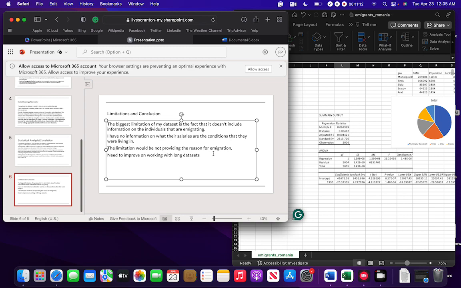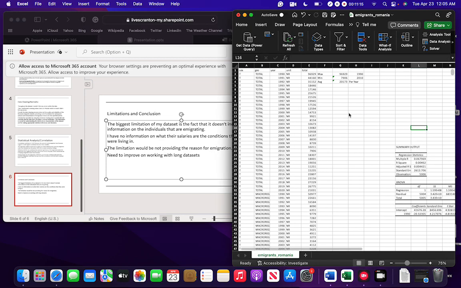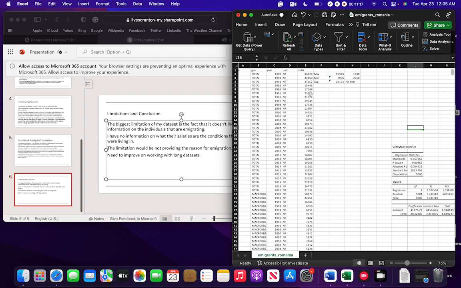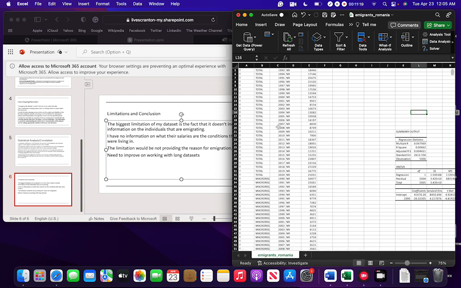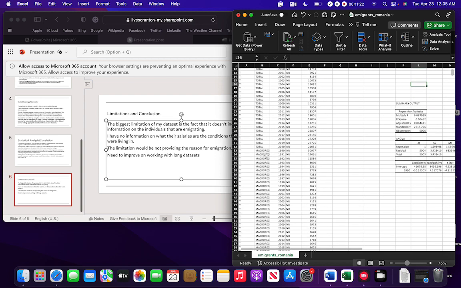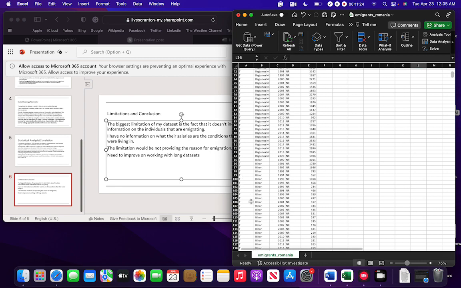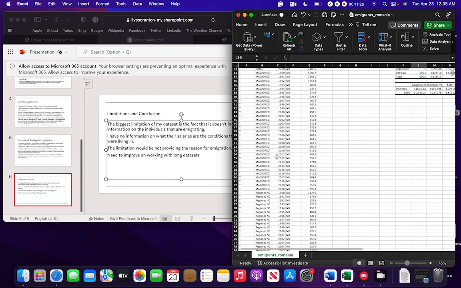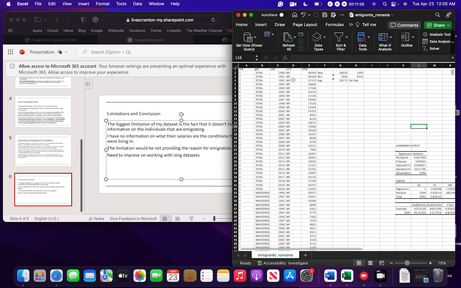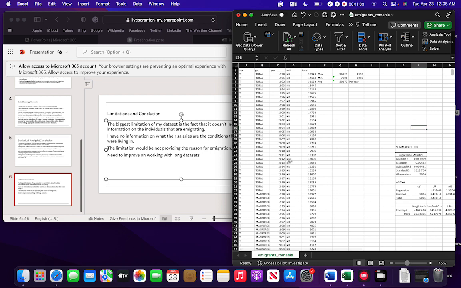For example, if I show you the dataset, it just provides a number, the city that these people immigrated from, whether they are male or female, and then the year that they left. The unit value is the same in every column. So yeah, I feel like if they provided more information, it'd be a lot more helpful, and the data research would have been a lot more successful.